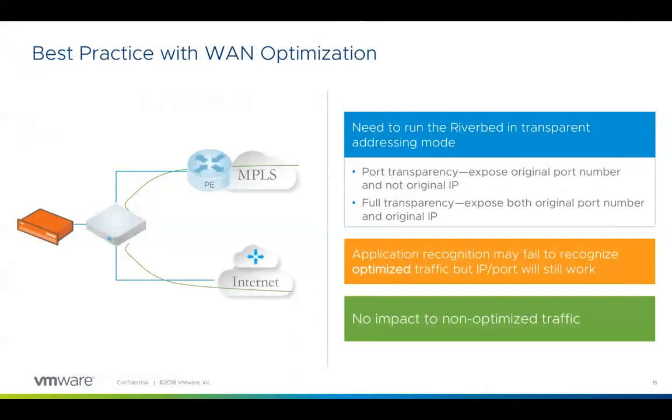And this does not impact traffic that is not optimized by the steelhead. So again, if you have a WAN optimization device such as Riverbed, you want to make sure that the IP address and the ports of the actual application traffic are exposed to the VeloCloud Edge.